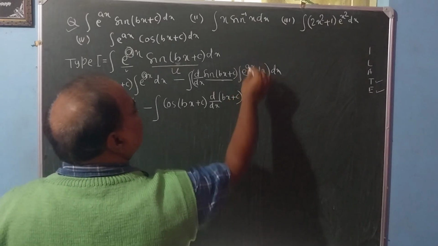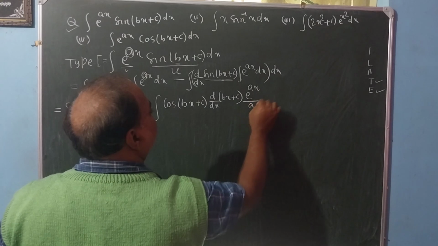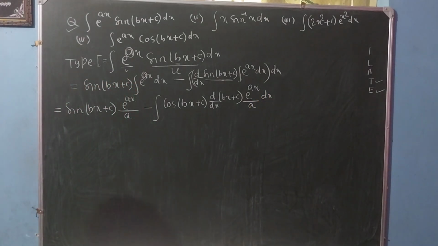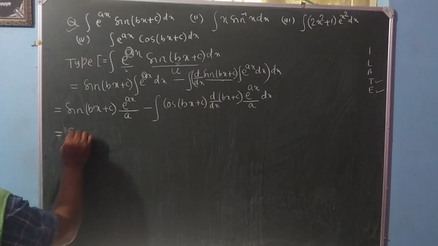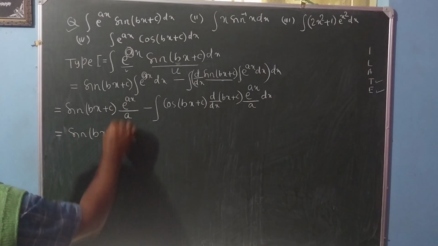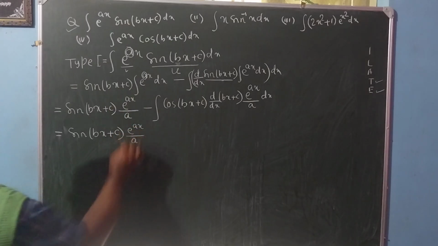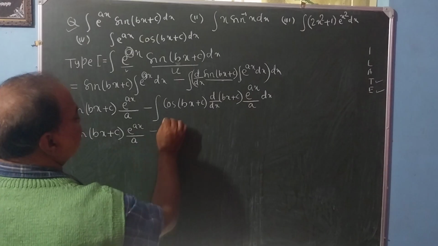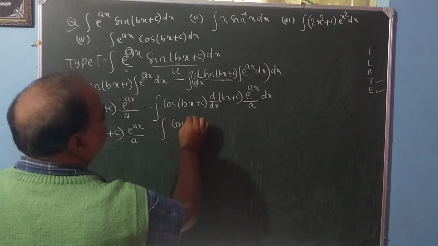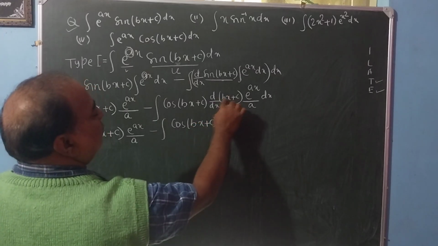So we get sin(bx plus c) e to the power ax by a, minus integration of cos(bx plus c) times the derivative of bx plus c.